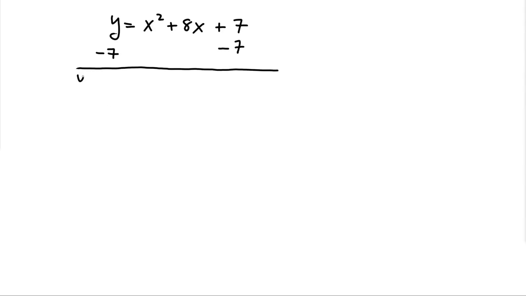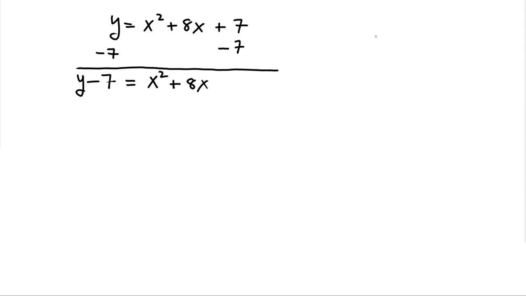So over here I'm going to have y minus 7 equals x squared plus 8x. Now I want to turn this right side into a perfect square. If this is going to be a perfect square, that means the coefficient of x is 2p.